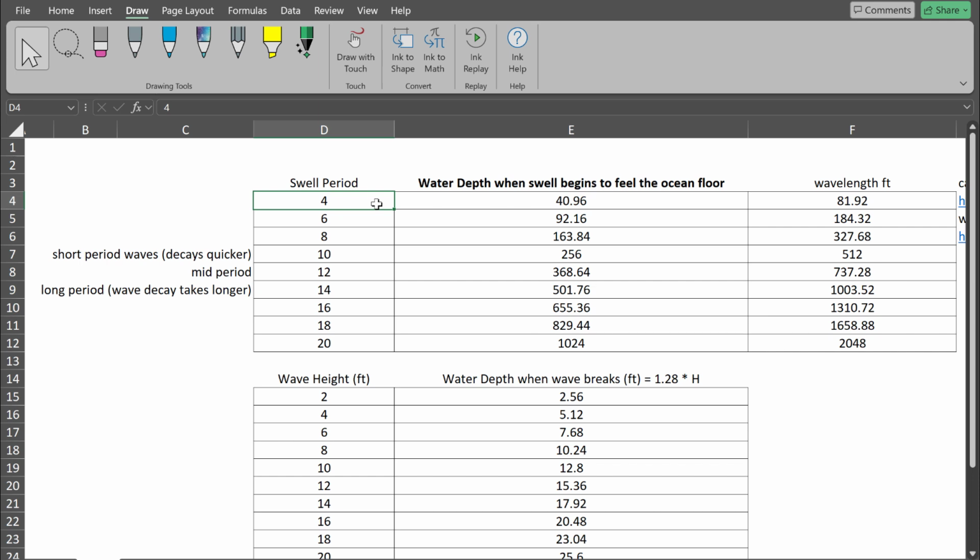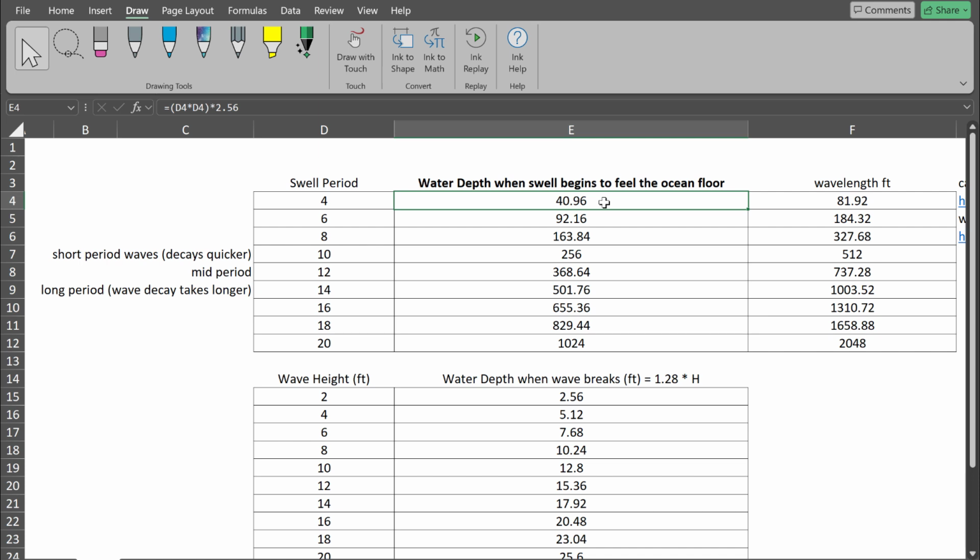A 4-second swell train. Remember, it could be a swell train or it can be an individual swell, but a swell train. 4 seconds between crests. Begins to feel the ocean floor at half of the wavelength. So the wavelength is about 82 feet. Half of that is it begins to feel the ocean floor when the depth is about 41 feet.